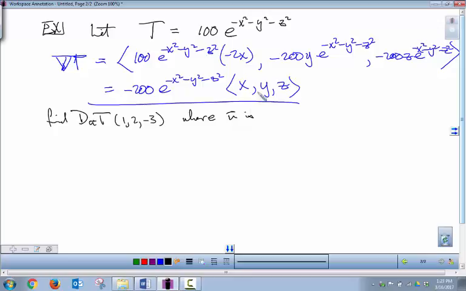So we need to come up with a direction. u is the unit vector from 1, 2, negative 3 to 0, 0, 0.